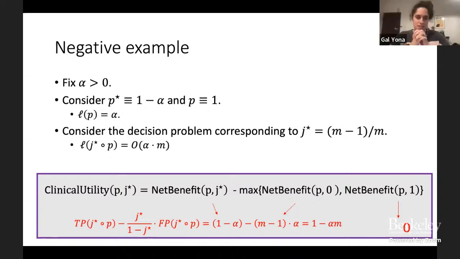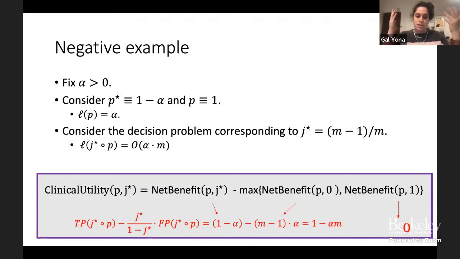Okay, so I want to revisit this negative example that I gave in the beginning. What do I mean by negative example? This is a case where I start out with a predictor that has fairly low loss. It's not perfect, it doesn't have a loss of 0, but it has a low loss, some alpha that's actually quite close to 0.